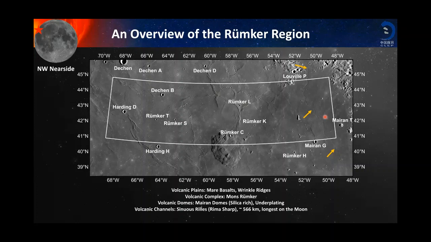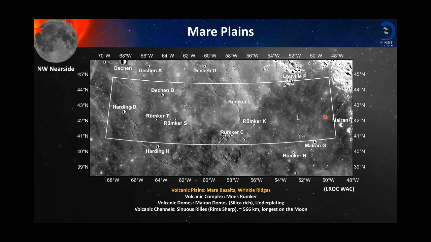It is the longest Sinuous Rille on the moon. Okay, so considering all the volcanic features and deposits in this region, this is a quite ideal place to study lunar volcanism. Let's go through these volcanic units and deposits one by one.